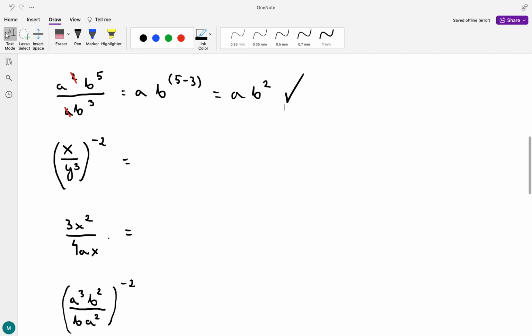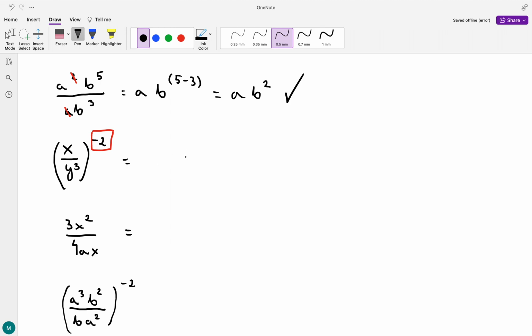We can move on to the second example. Okay, so here we have a second power that's negative. So first, let's apply the negative and then apply the second power. If you're comfortable enough doing it at the same time, knock yourself out. But at this point, I want you to get as much practice as possible so you don't make any silly mistakes on your tests. Okay, so applying the negative is basically flipping the fraction, right?